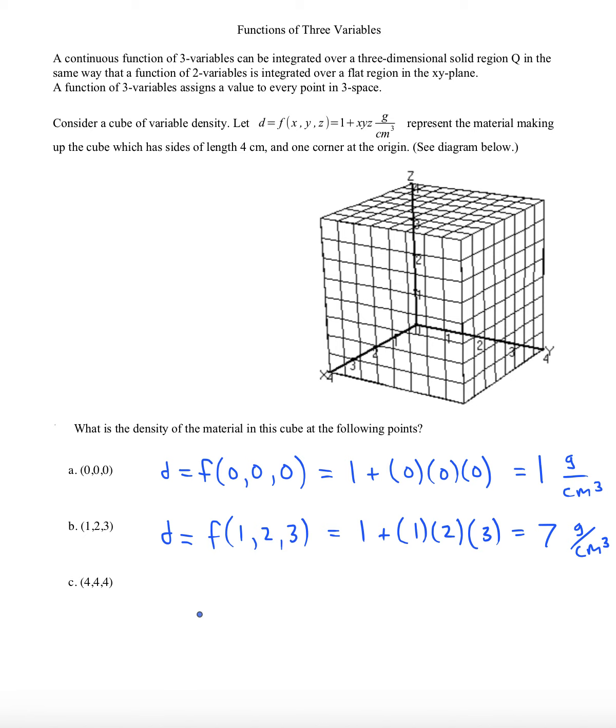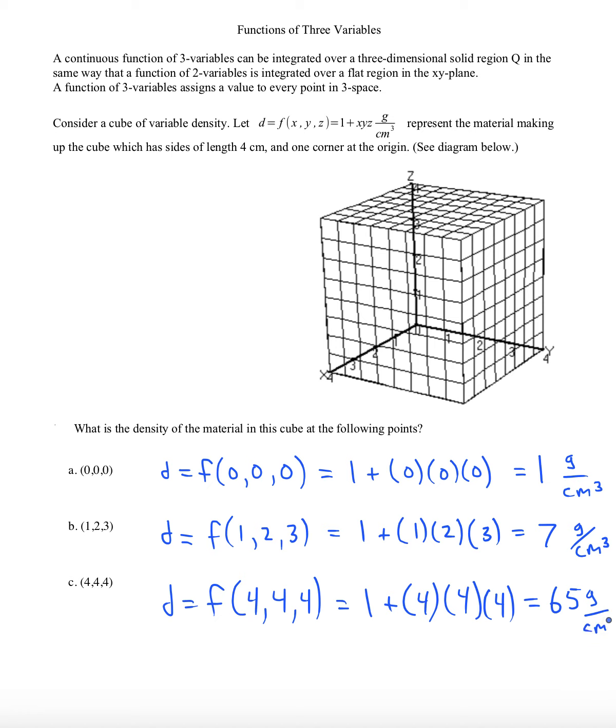And finally, for the point 4, 4, 4, that's going to give us 65 grams per cubic centimeter.